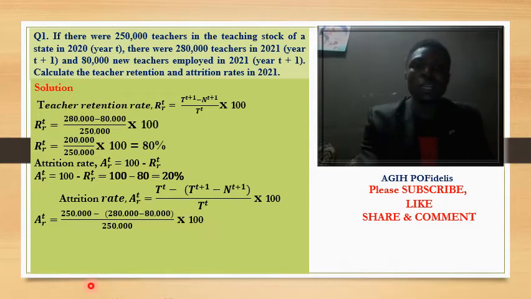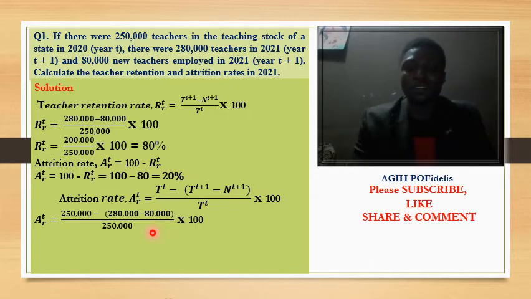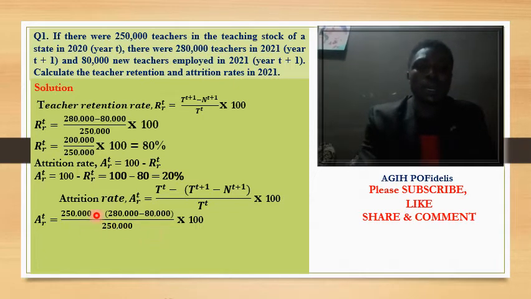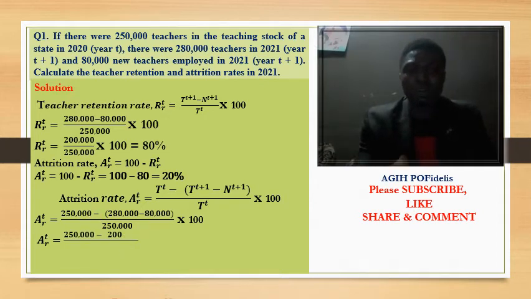So when we substitute into this formula, we're going to have 250,000, which is the number of teachers in the teaching stock of the state in year 2020. Then we subtract the difference between the total number of teachers now in 2021 and the newly employed teachers in 2021, and we're going to have it as 250,000 minus 200,000, because when we subtract 80,000 from 280,000, we're going to have 200,000.